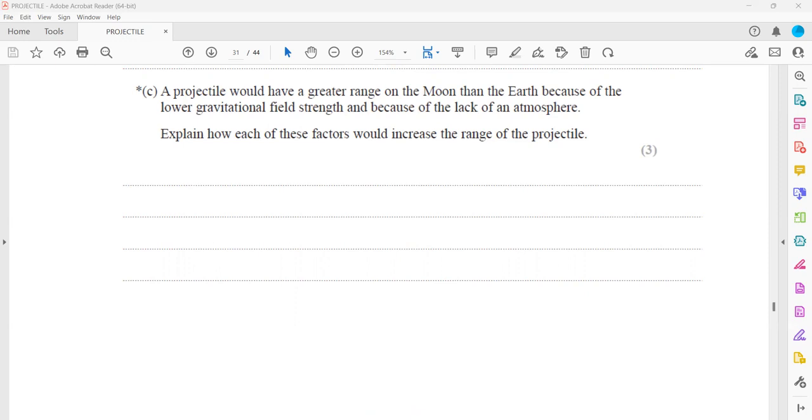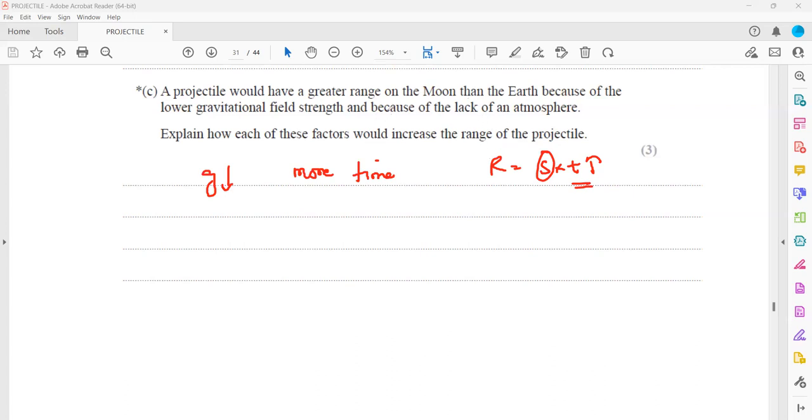So the time of flight increases, and if time increases, the range and the vertical height will also increase. A smaller value of g means it will take more time. Because range is speed multiplied by time, if speed remains the same but time is increased, the range will also increase.